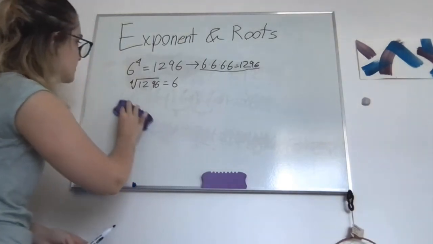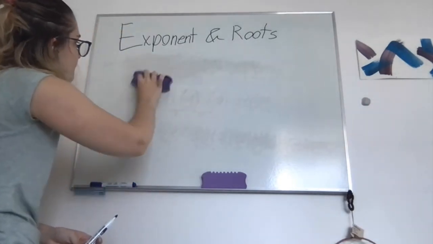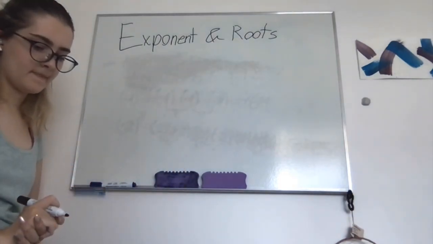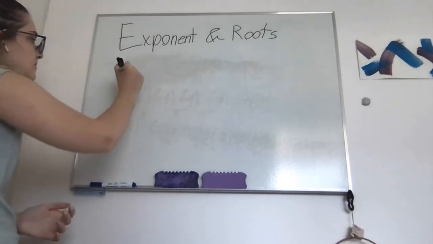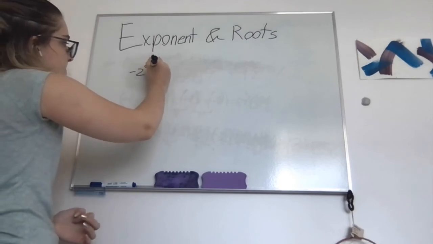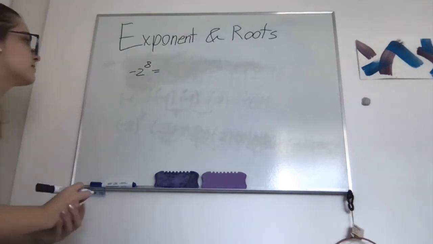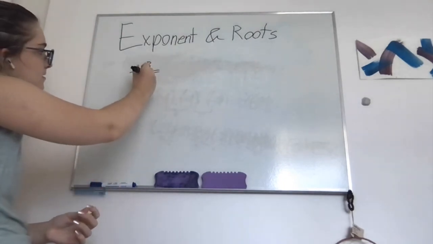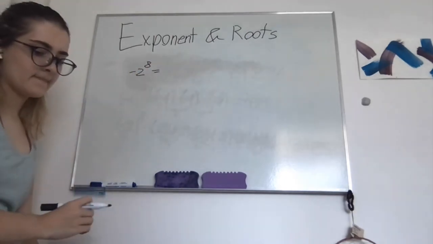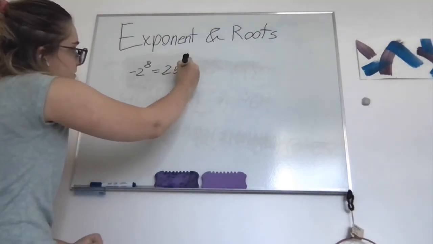Let's try it with another example that we already mentioned, but this time with a negative number. Specifically, -2 to the power of 8. So we know that -2 times -2 8 times equals 256.